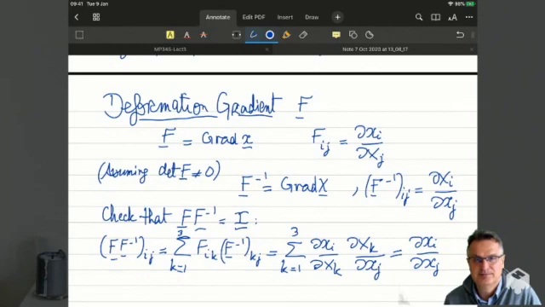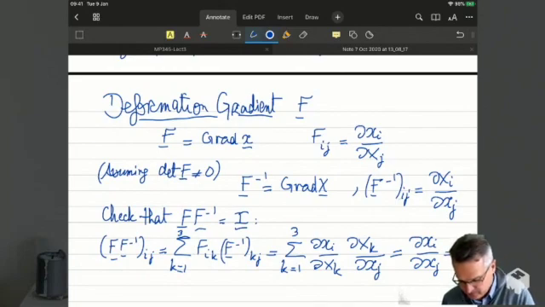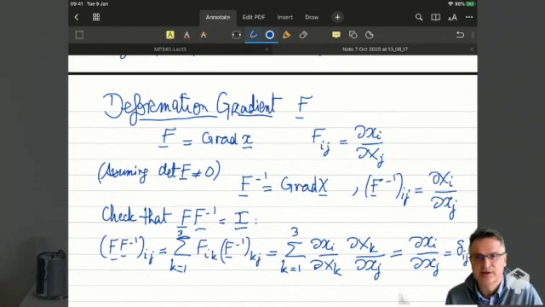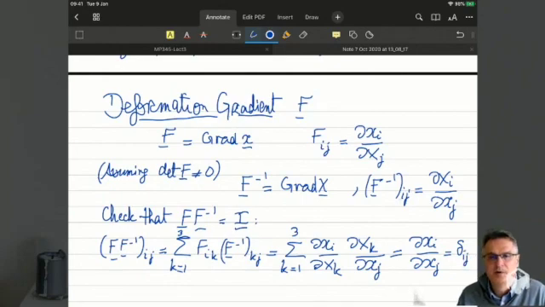And then differentiating dxi with respect to dxj, that's either 0 or 1, depending on whether i or j are the same or not. So that is indeed the components of the identity matrix. And so that expression I gave earlier is indeed the expression for the inverse.